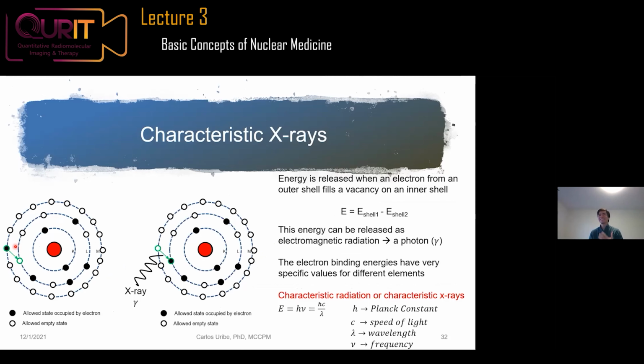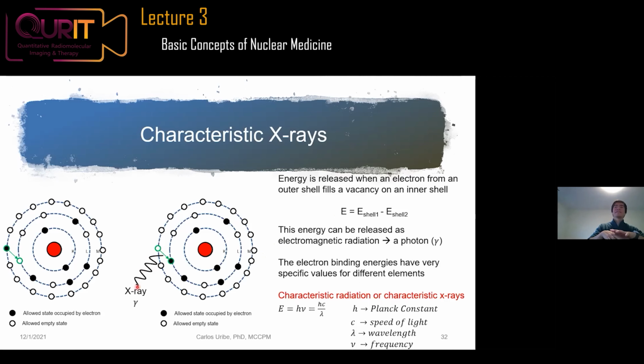So where does that difference in energy go? Well, it turns out that that energy is released as a photon, electromagnetic radiation. So it's a photon, it is light. That difference in energy gets carried by something that we call an X-ray.